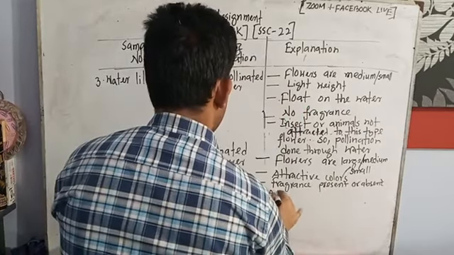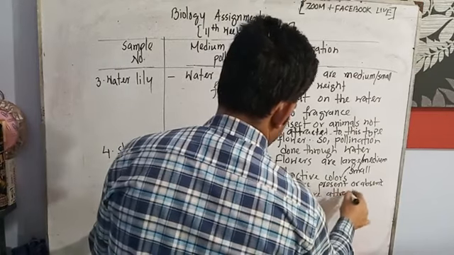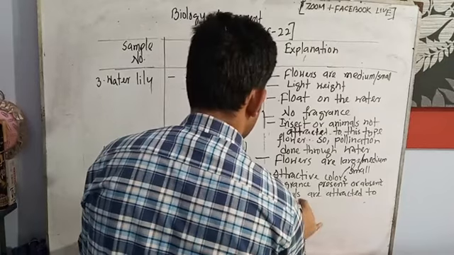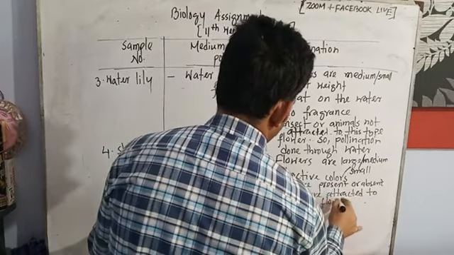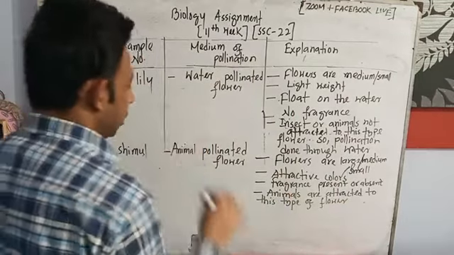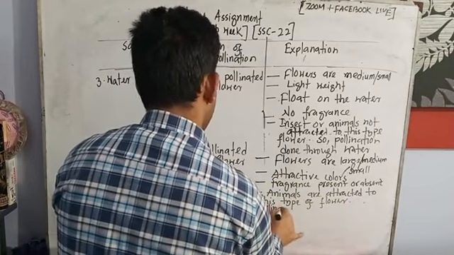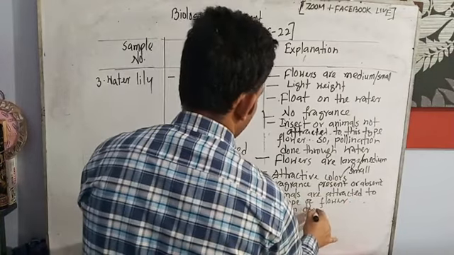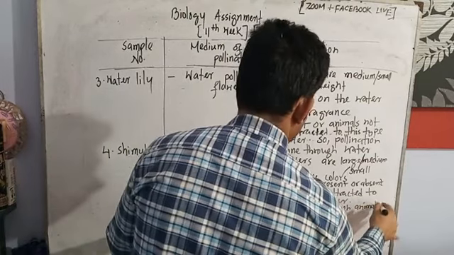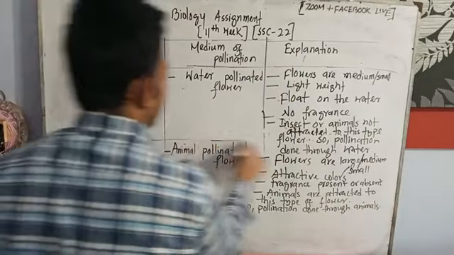Animals are attracted to this type of flower. So pollination is done through animals. So this way you can separate each and every point of them.